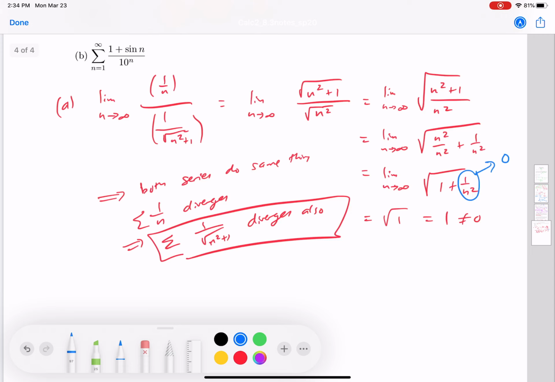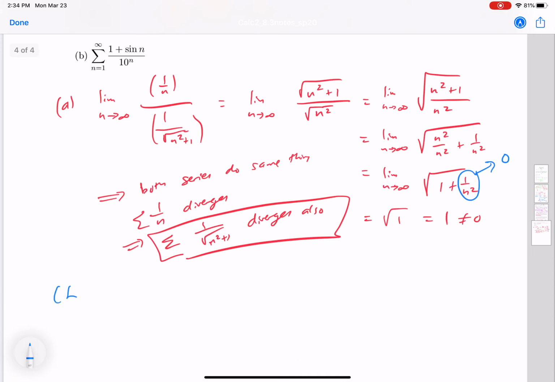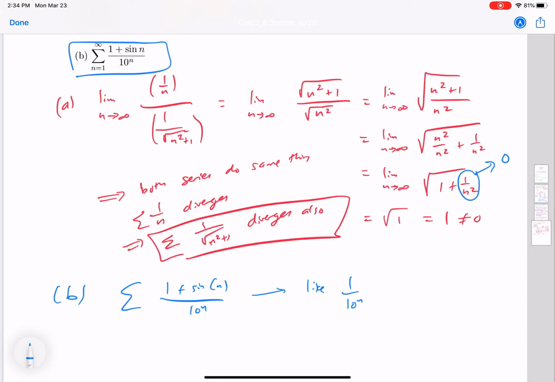All right, let's try B now. So now that we got the hang of it, it's pretty easy to say, oh, this top thing here, 1 plus sine n over 10 to the n, it's going to be like just 1 over 10 to the n.